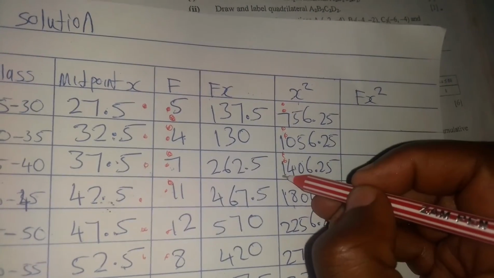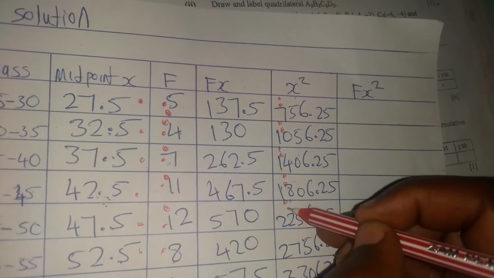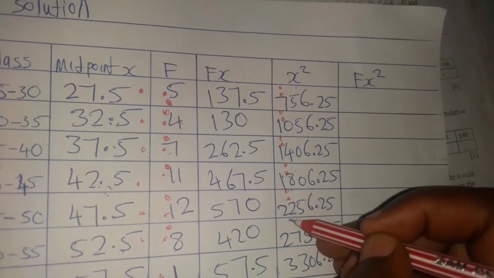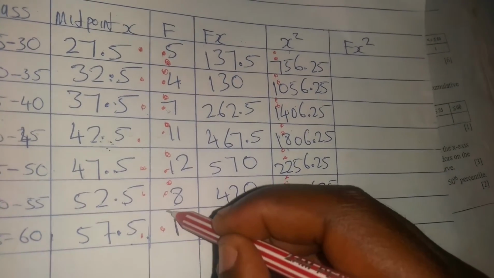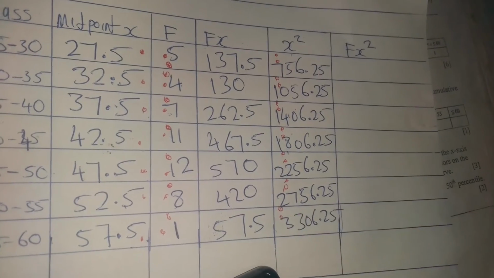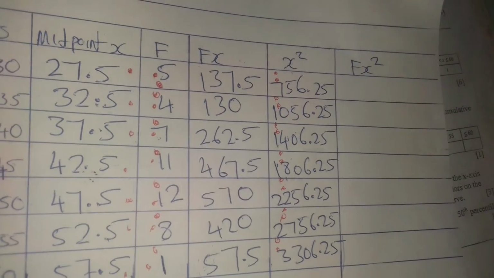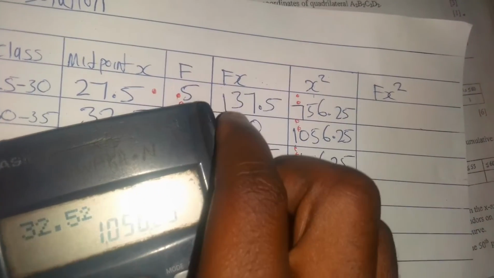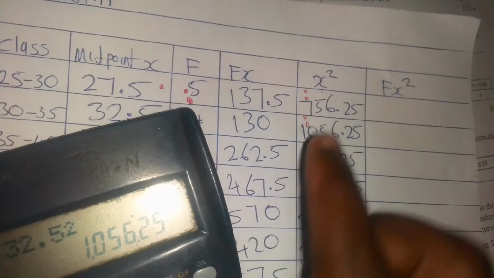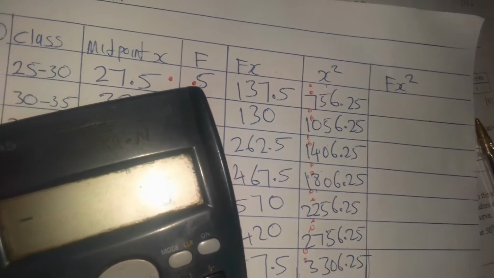I'm doing this for you to easily follow this table. So what we'll be doing is, where there are two dots, 5 here, times here, since this is saying f times x squared.